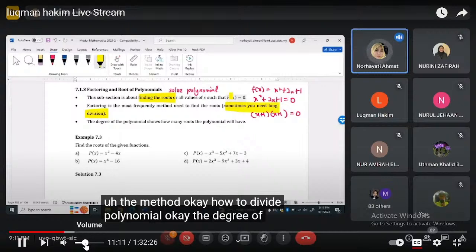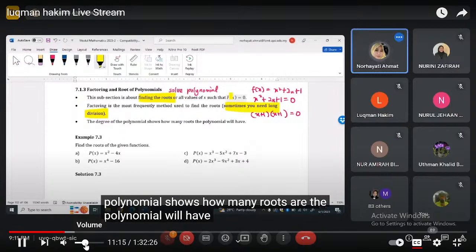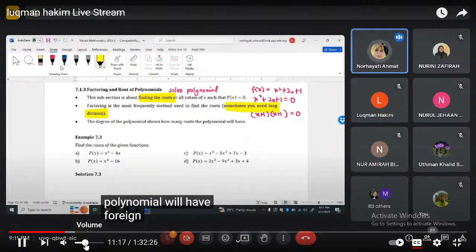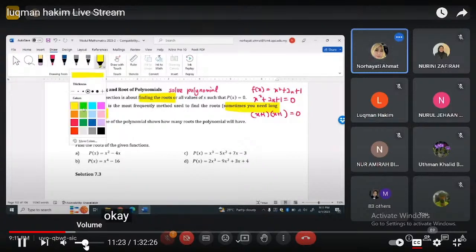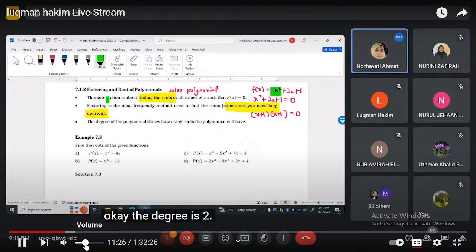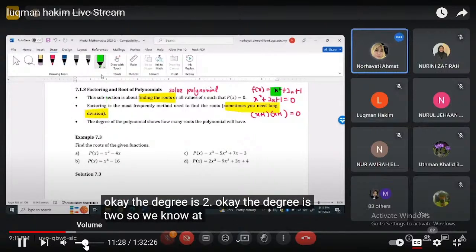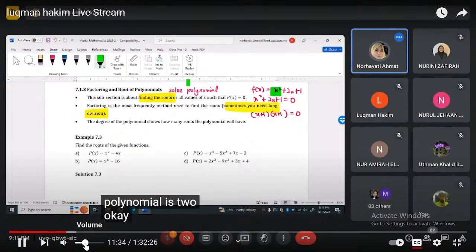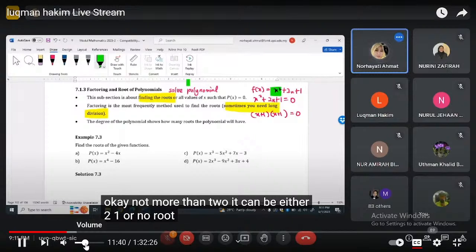The degree of the polynomial shows how many roots the polynomial will have. Like the quadratic function, the degree is 2. So we know at most the roots of this polynomial is 2, not more than 2. It can be either 2, 1 or no root.